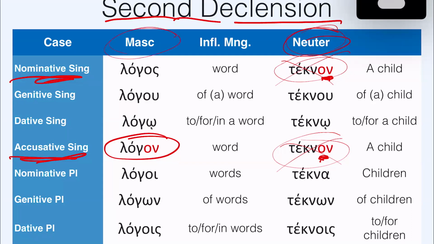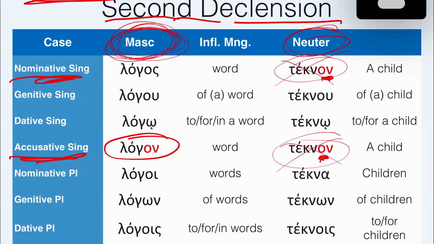So it has to be masculine. Articles never lie. You'll hear me say this probably 1,000 times throughout this course. Articles never lie. So if I memorize this article when I'm learning the word anthropos, I know that this is masculine.